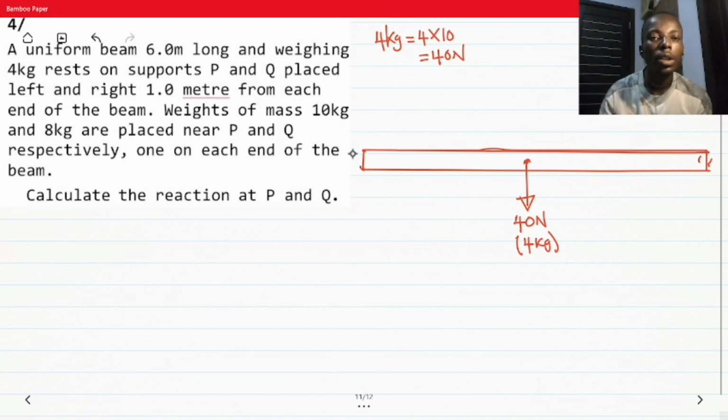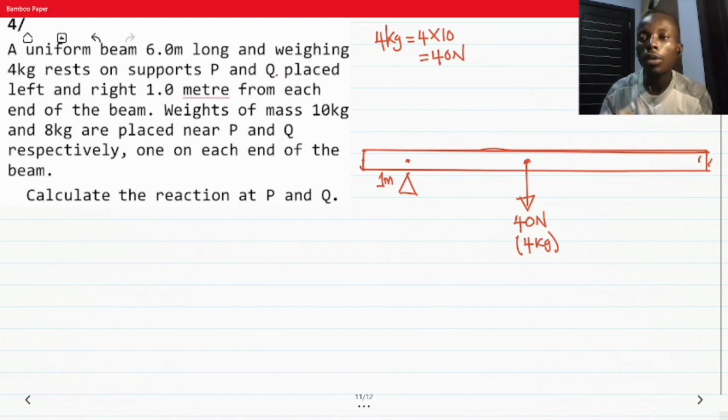So this is 4 kilogram. Then the question says there are 2 supports at P and Q, placed left and right at 1 meter from each end. So I draw something like this, like the support, and 1 meter from this point to this point.